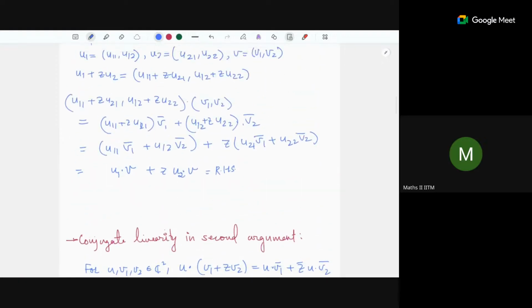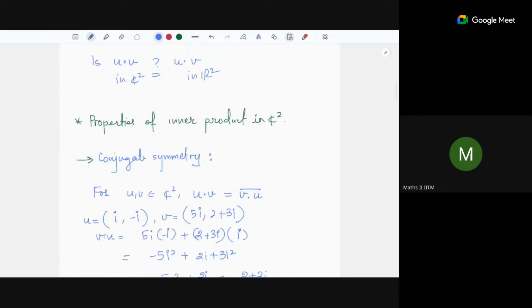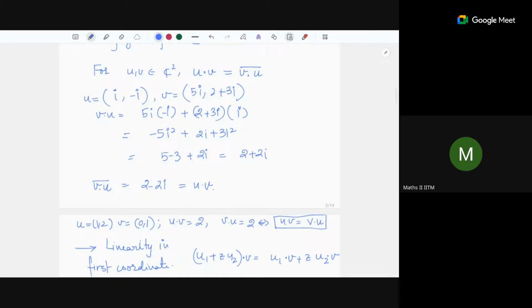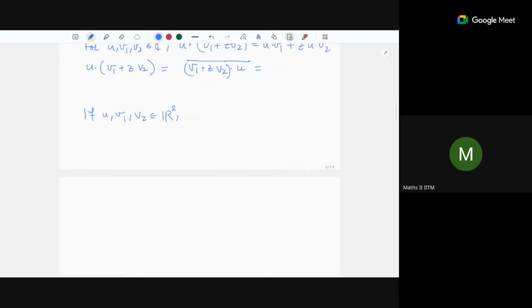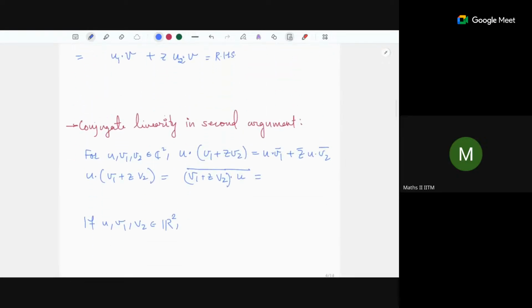Now you can apply the linearity property to this dot product, because you have linearity in the first coordinate.